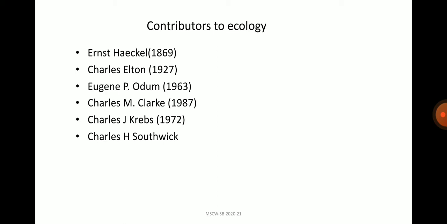Charles Elton, in the year 1927, who is called the father of animal ecology, defined ecology as the study of the relations between living creatures and their natural environments.